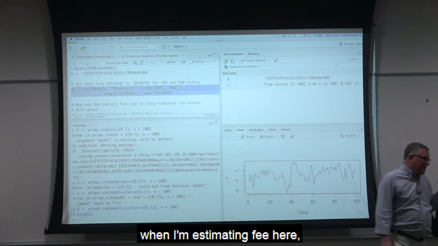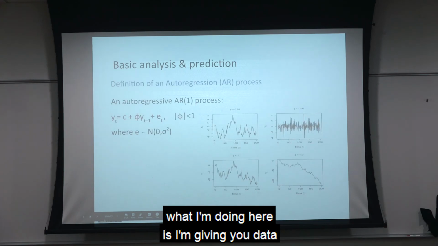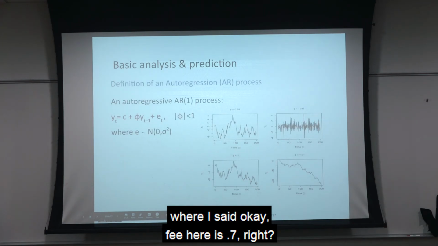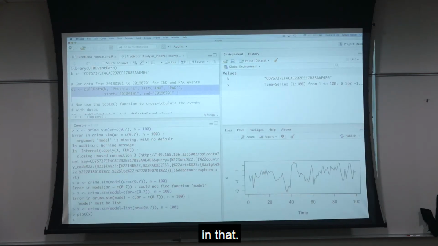That's back in my slide when I'm estimating phi here. What I'm doing here is giving you data where I said phi is 0.7, right? So now I want to know, what are the partial correlations in that?